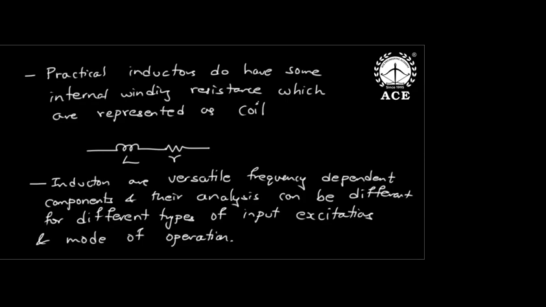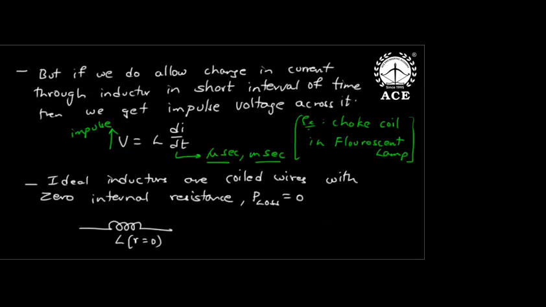Once it is in steady state, the inductor is actually a short circuit, but as long as the current is flowing, it retains the energy stored during the transient state. That is why I took this ramp problem today. And when I go to transients, we will do the 0 plus problem and the 0 minus problem, and you should understand what happens at 0 plus with an impulse. That is how they store energy.